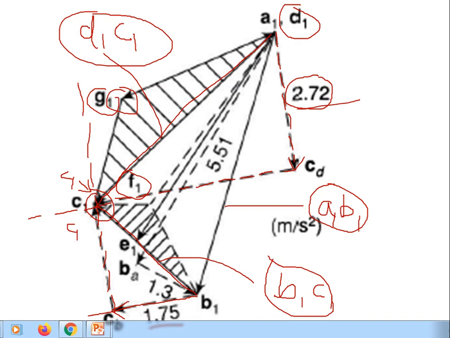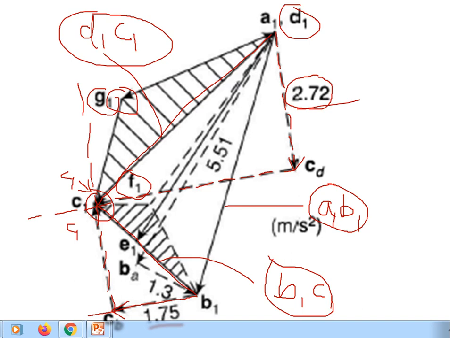Now for point G1, again you have to take similar triangles with respect to this ratio. CD is already drawn, C1 D1 is already there. Now you just have to take that G point, and using that CG ratio you take C1 G1 and take a line here. You take that distance and cut the arc here, and similarly from D1 to G1 take that distance and cut the arc here.